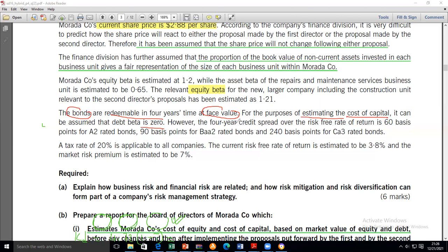However, the 4-year credit spread over the risk-free rate of return is 60 basis points for a rating of A2, 90 basis points for a rating of Ba2, and 240 basis points for a rating of Ca3.